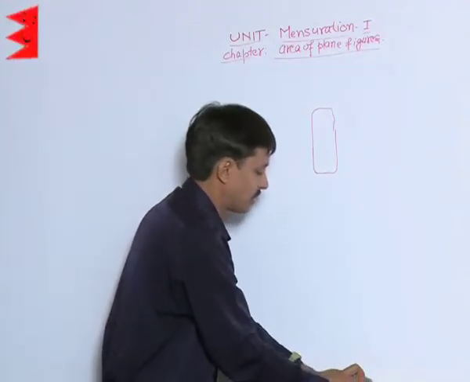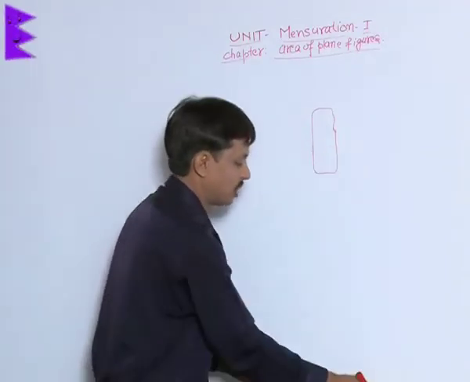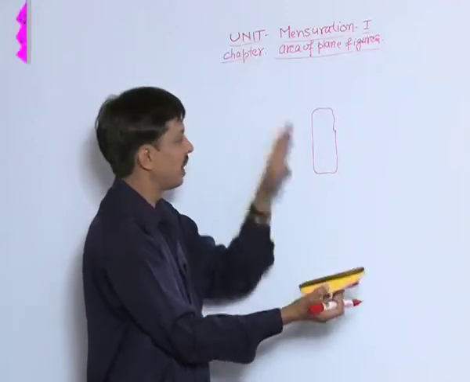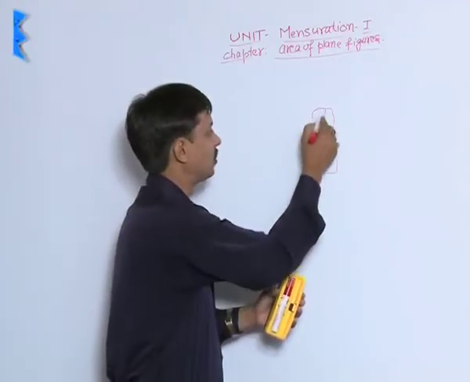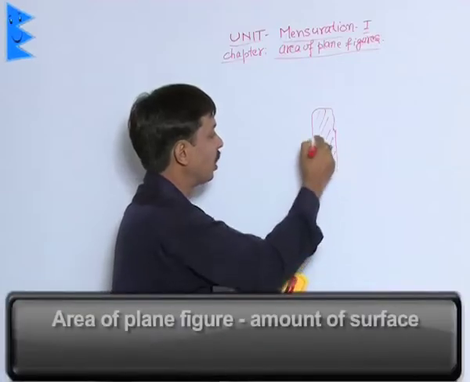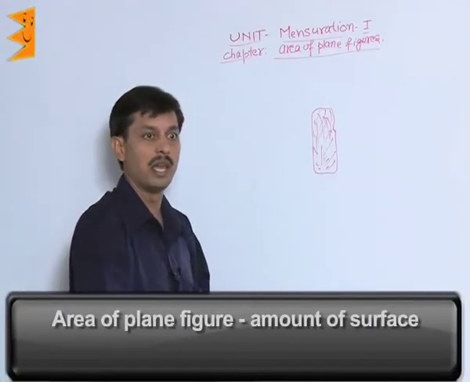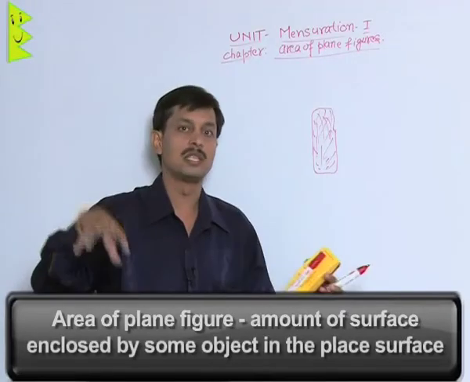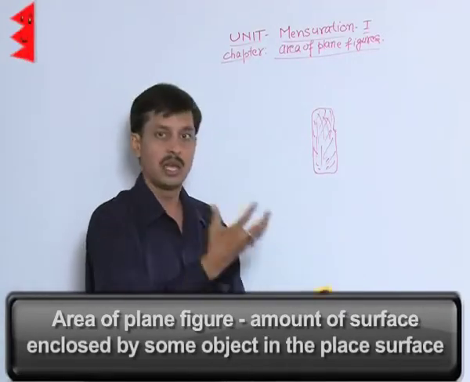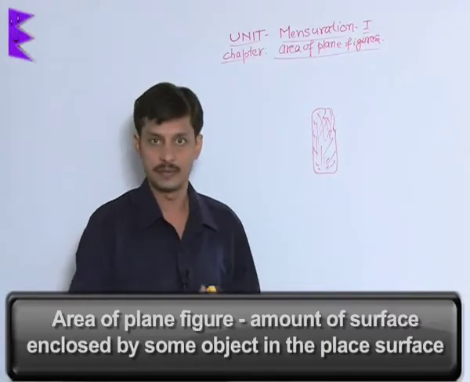This part which is enclosed by the duster on the whiteboard is the area of this surface. So when we talk about the area of plane figures, the amount of surface enclosed by some object in the plane surface is known as its area.